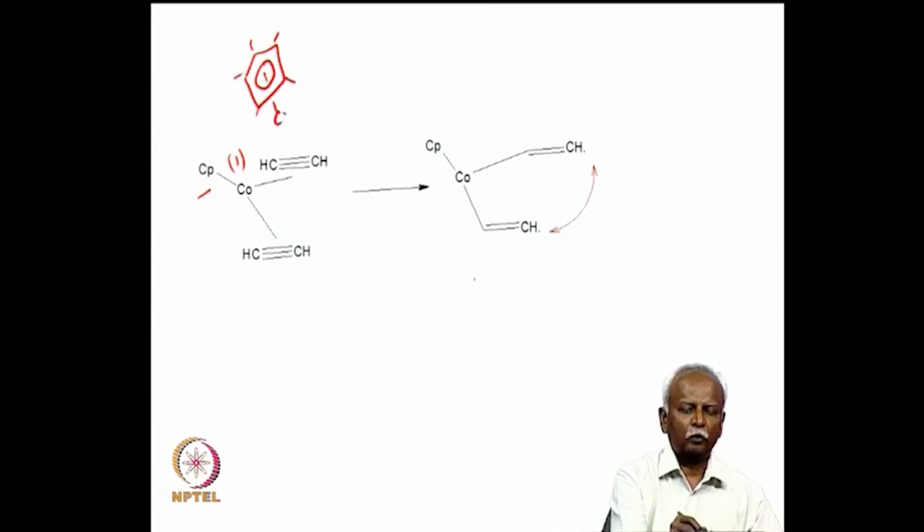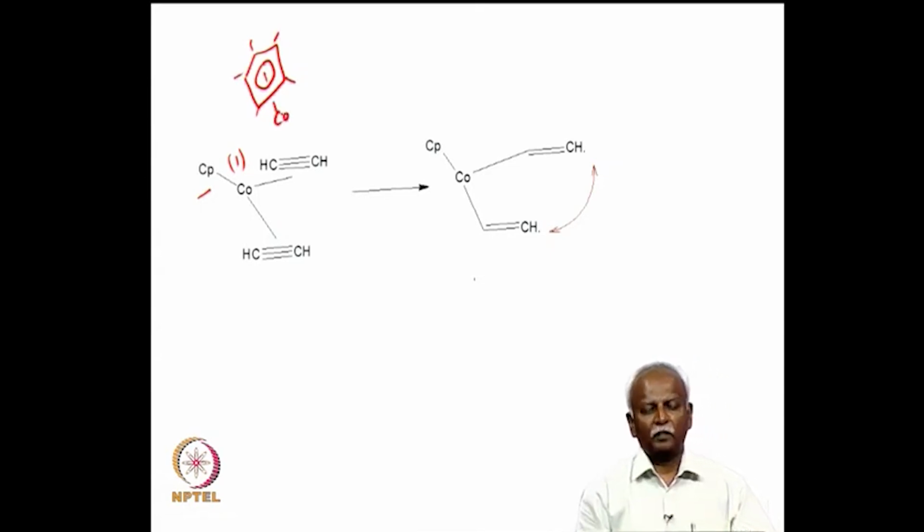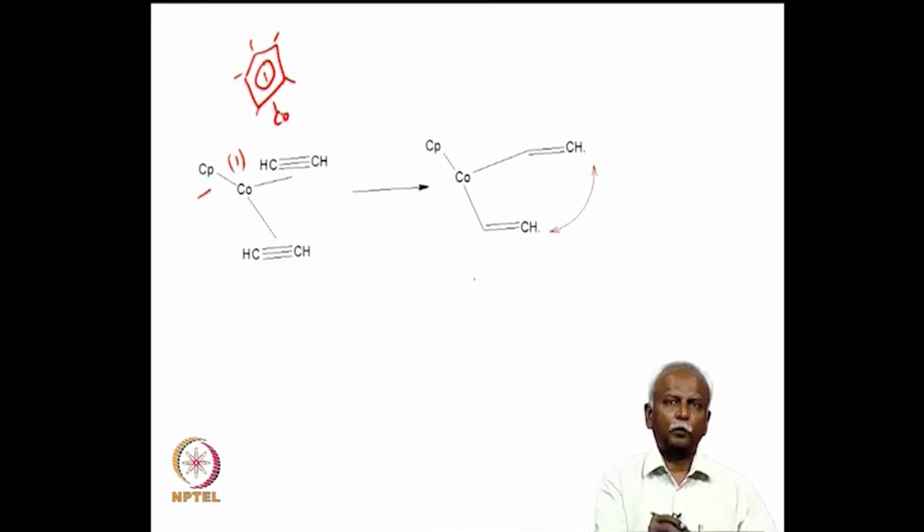So, this is your Cp coordinated to cobalt, and this particular moiety is now interacting with 2 acetylene molecules. Now, when you have oxidative addition in such a fashion that these triple bonds become double bonds, a bond between cobalt and carbon is formed.